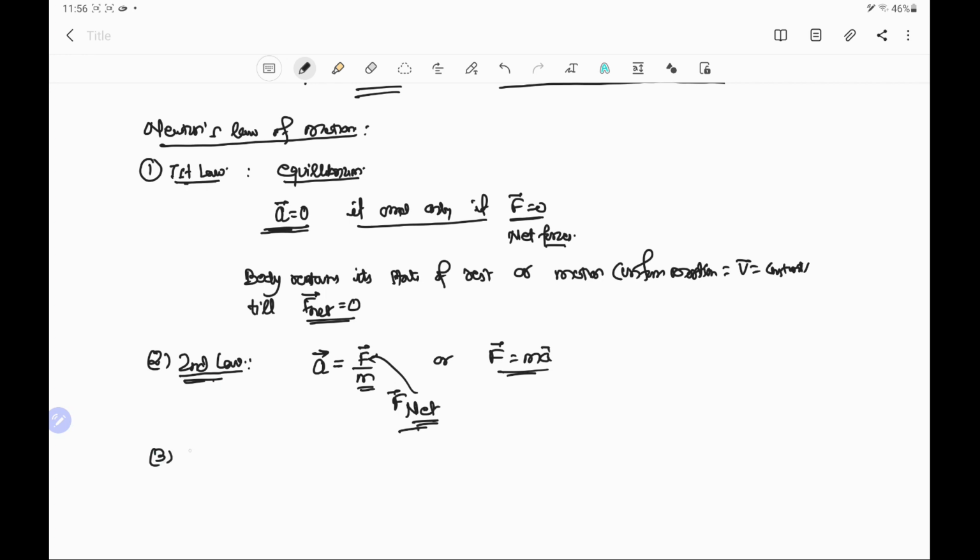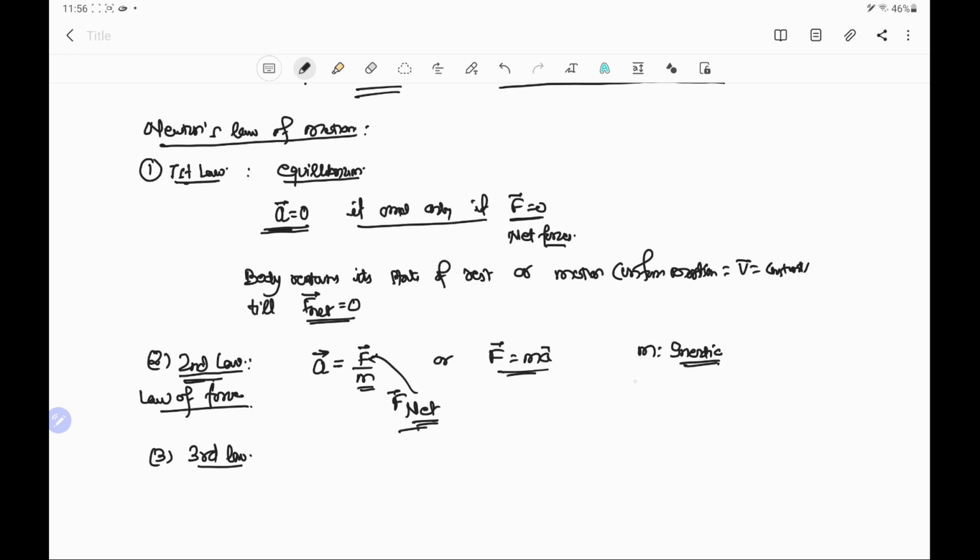The second law is also called the law of force. In this, m refers to the mass of the body, and it is the parameter for inertia. Inertia is the tendency of a body to resist the change in its state of rest or motion.